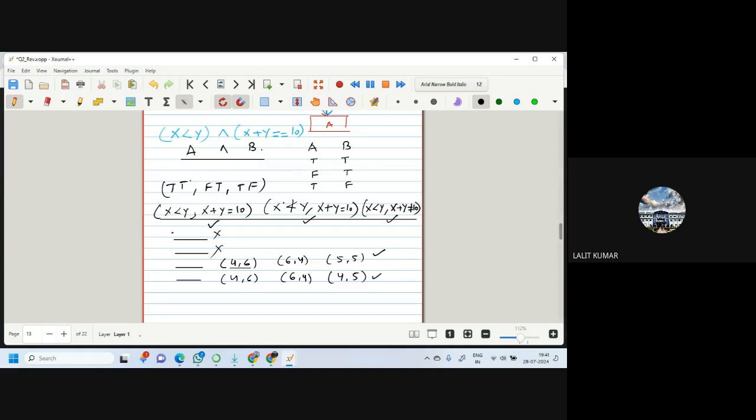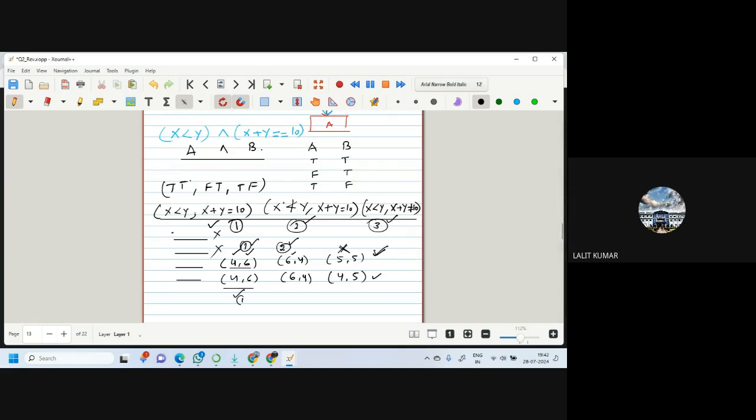So 4, 6, x is less than y, x plus y is equal to 10. So my first test case is achieved. X is not less than y, x plus y is equal to this, achieved. 5, 5, x is less than y, no. So this third condition is not achieved, so this test case is not achieving.